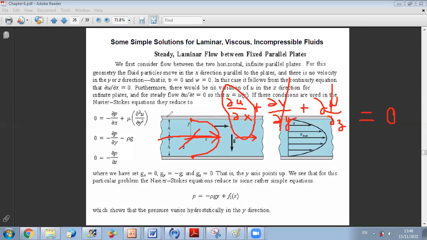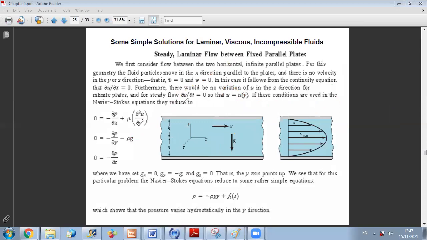And along z, we have an infinite plate, as we said, infinite dimension, so it will also not vary with z. Therefore, our velocity u will only vary with y, okay? So first, we can write that we have only u, and this u is a function of what, okay?